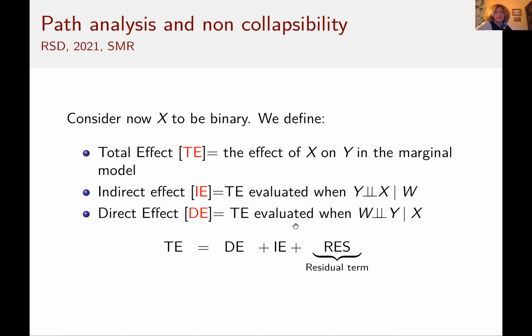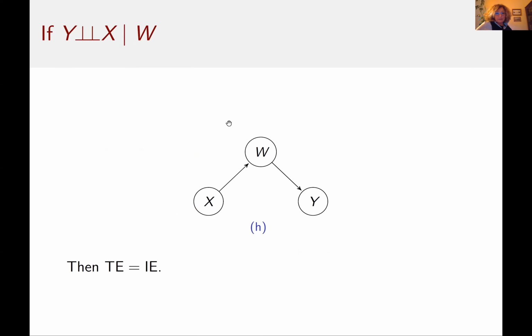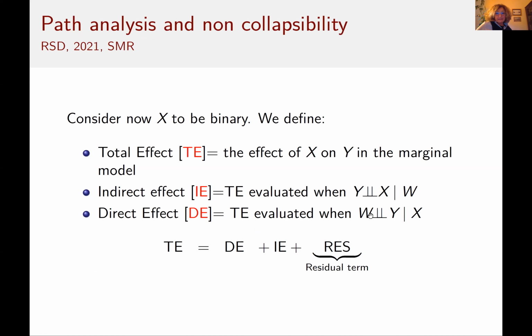The indirect effect is the effect when there is no arrow between X and Y, so they are independent given W. And the direct effect is the vice versa: there is no arrow between Y and W after conditioning on X. There is no direct arrow from W to Y.